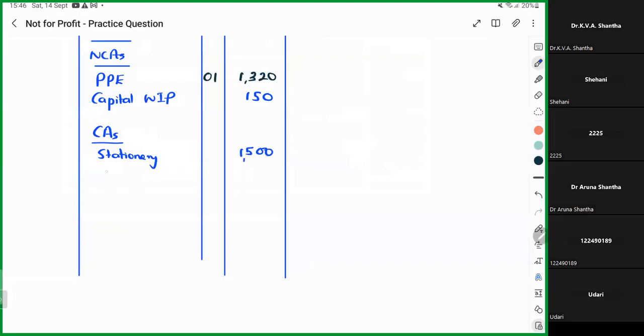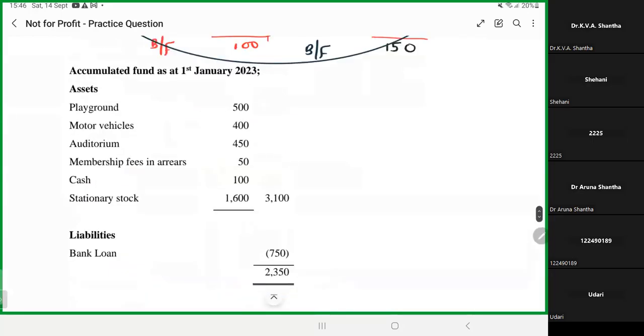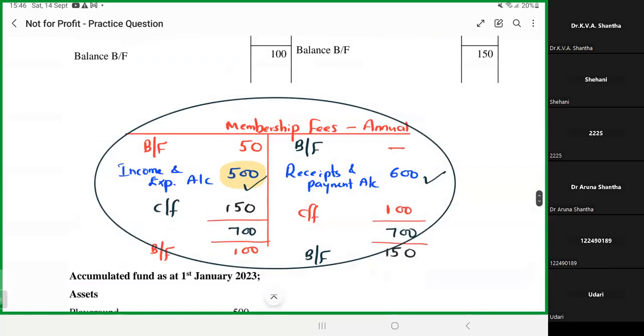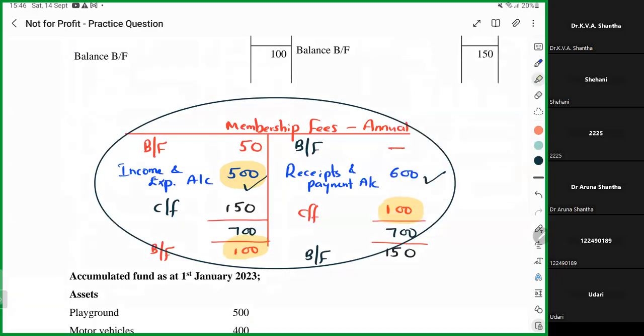In addition, you have membership fees receivable. How much receivable? You see the membership fees receivable at the end of the year, 100.